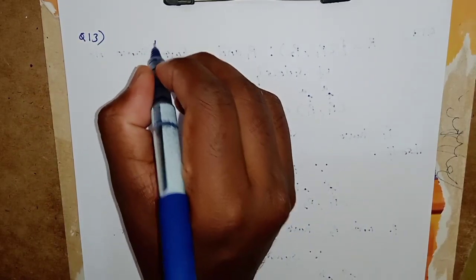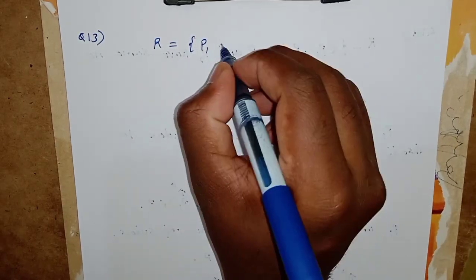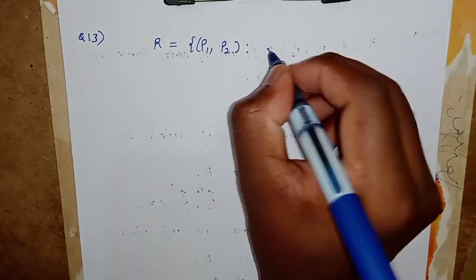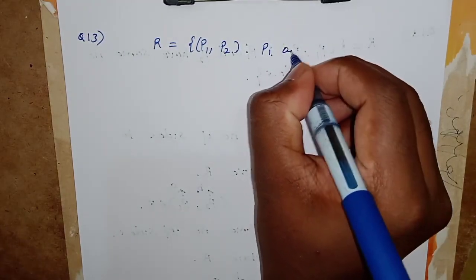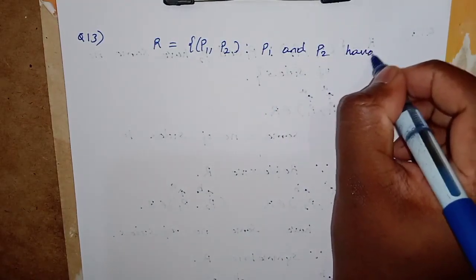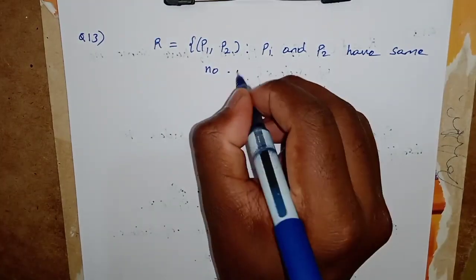Question number 13. Given relation R equal to P1, P2 such that P1 and P2 have the same number of sides. Okay, same number of sides.